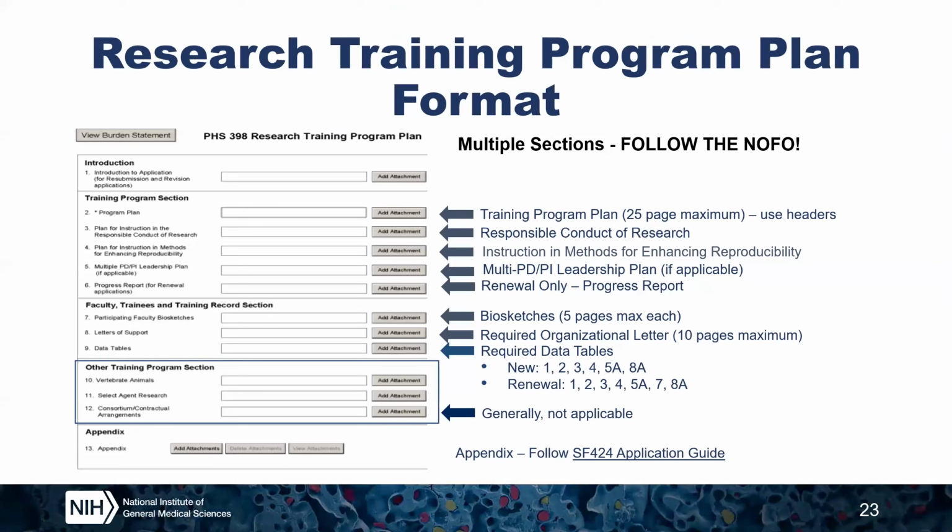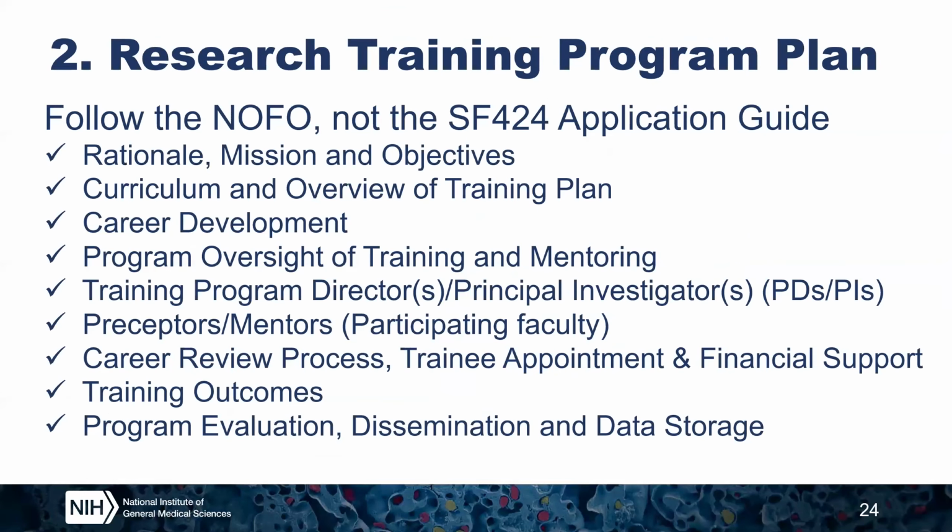This slide shows where the various components of the application are to be uploaded. On this slide, we list some of the items to be included in the research training program plan. This is not an exhaustive list. Please follow the guidance in the NOFO versus those listed in the SF424 application guide.